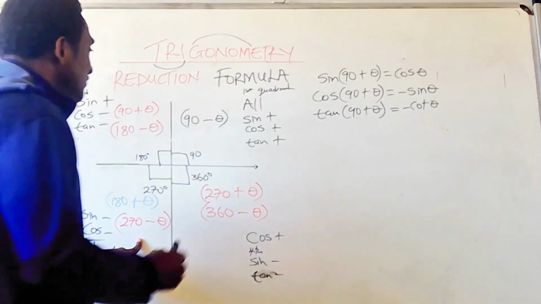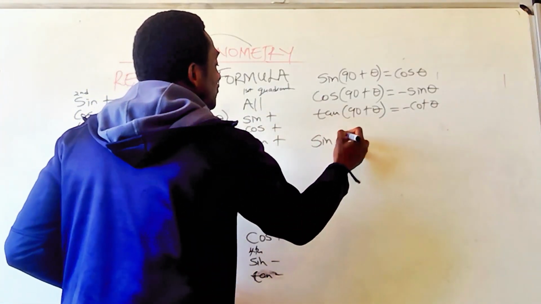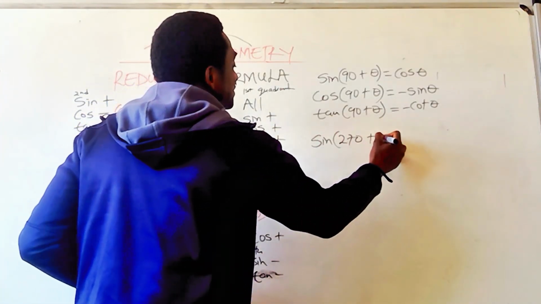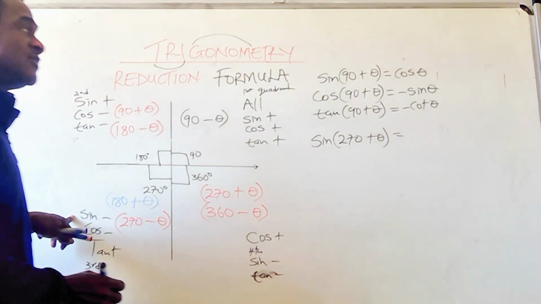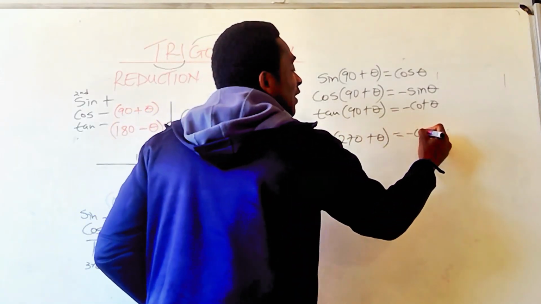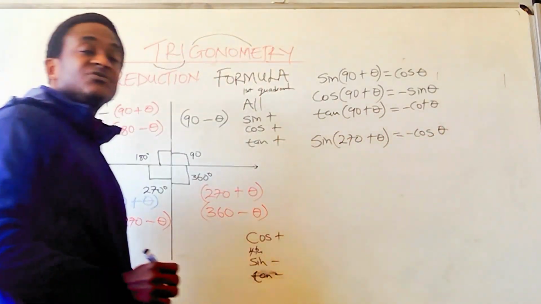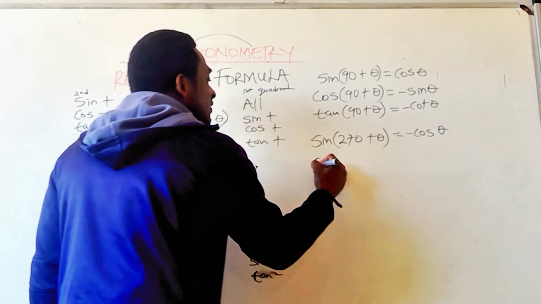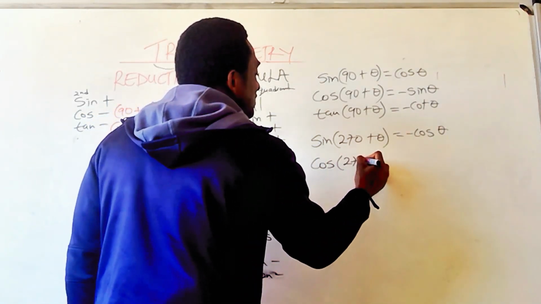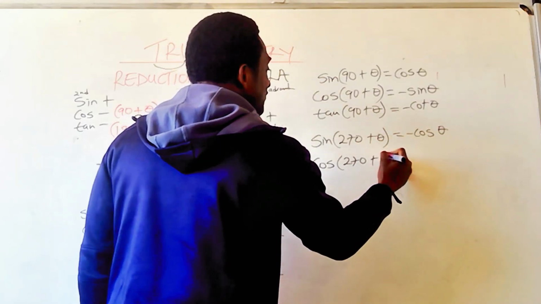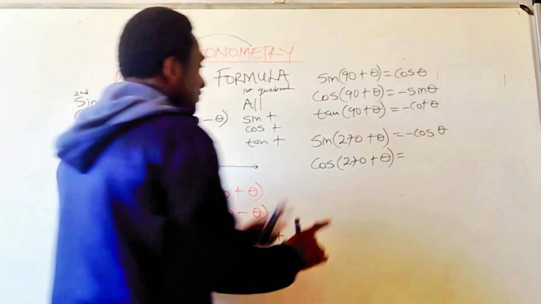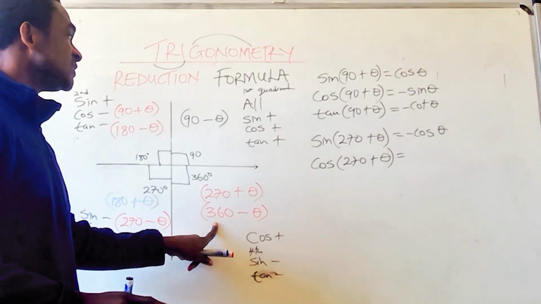We also have 270. If we have sine of 270 plus theta, sine is negative in this quadrant, so the cofunction will also be negative. If we look at cos of 270 plus theta, we are looking at the last quadrant.